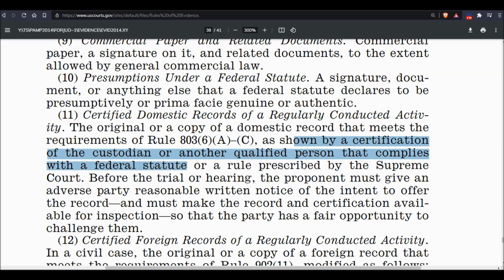Federal statute also is synonymous with the state statute regarding how the clerk and the recorder keeps those birth certificates. Here it is again. That certificate itself, that blank check called a birth certificate, is not what you are authenticating, because it is already self-authenticated by the mere fact that it is part of a regularly conducted activity.